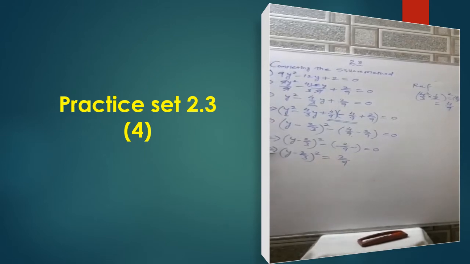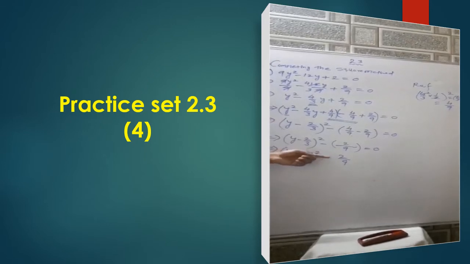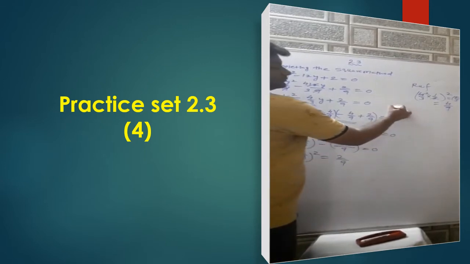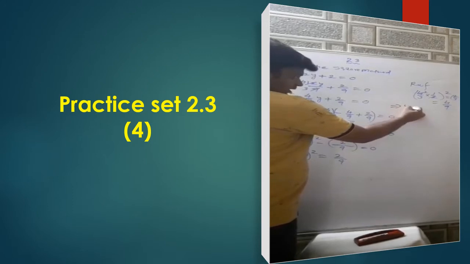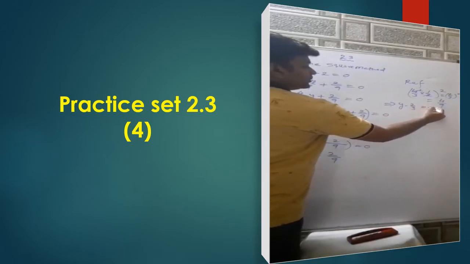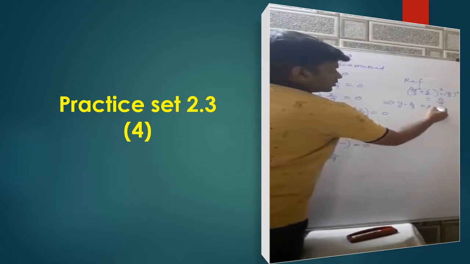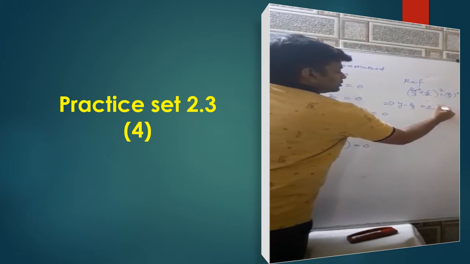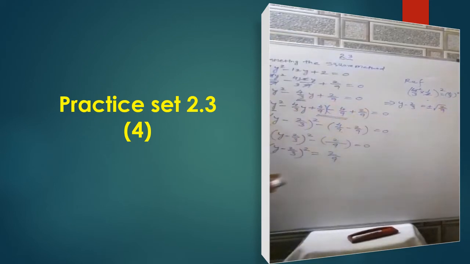So you get y minus 2 upon 3 the whole square is equals to 2 upon 9. Now remove the square. So again we remove the square. How we remove the square? y minus 2 upon 3 is equals to plus minus square root of 2 upon 9.